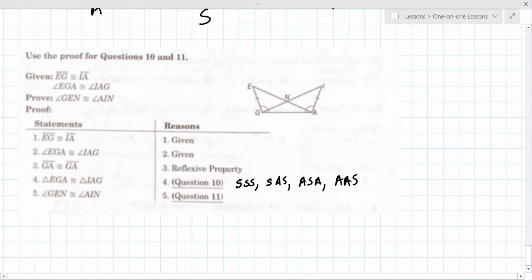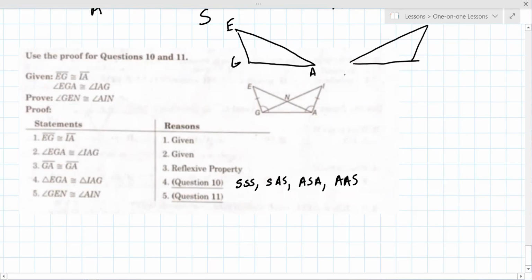So let's see what we've got here. We're proving triangle EGA, E to G to A, is congruent to I to A to G. This is another example of when it's really good to separate the triangles, because there are extra lines that could just be distracting. So this is EGA. And then over here, this is GAI. And then you just draw in the stuff that's already given.